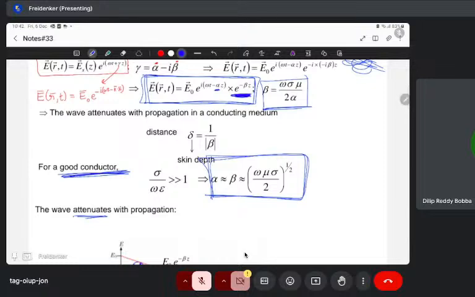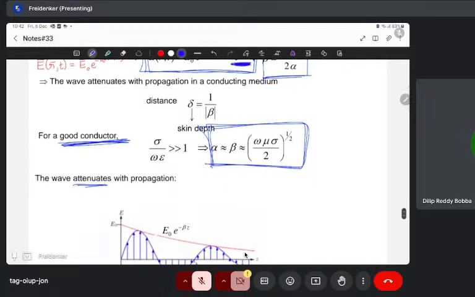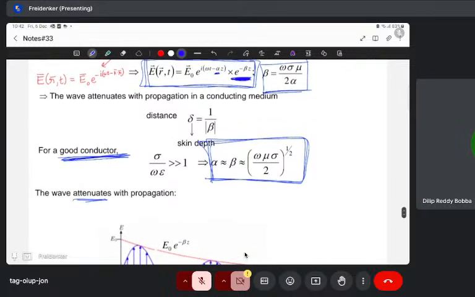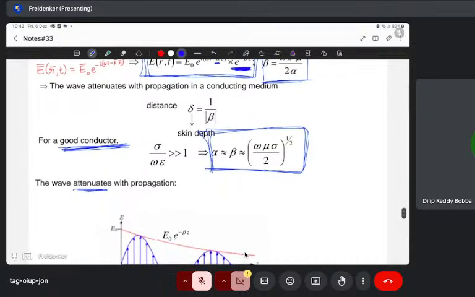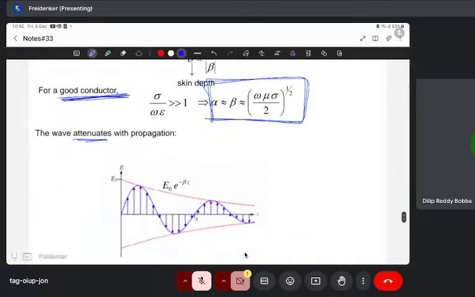Okay, what is skin depth? Let's say your wave is starting here. If it propagates through a distance of skin depth, then its amplitude will get reduced by a factor of e.